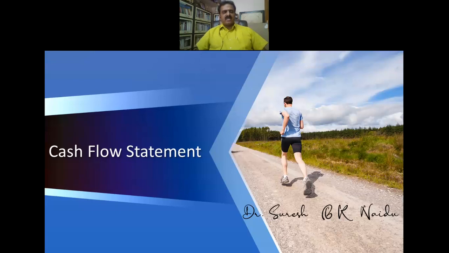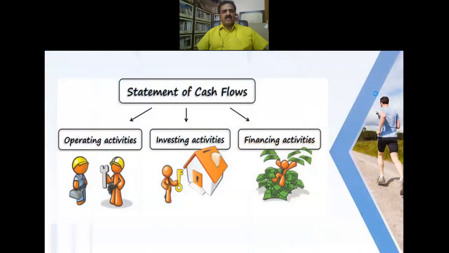To understand the cash flow statement, basically you need to understand what exactly the cash flow is. Cash flow consists of three activities: operating activities, investing activities, and financing activities. These three activities comprise the cash flows.